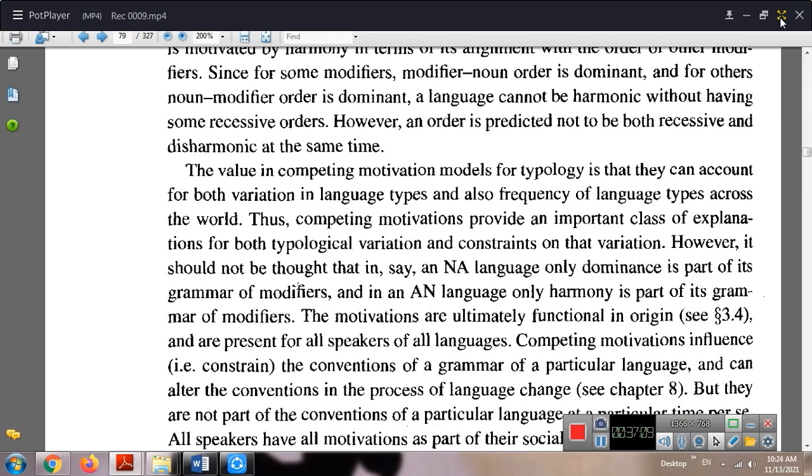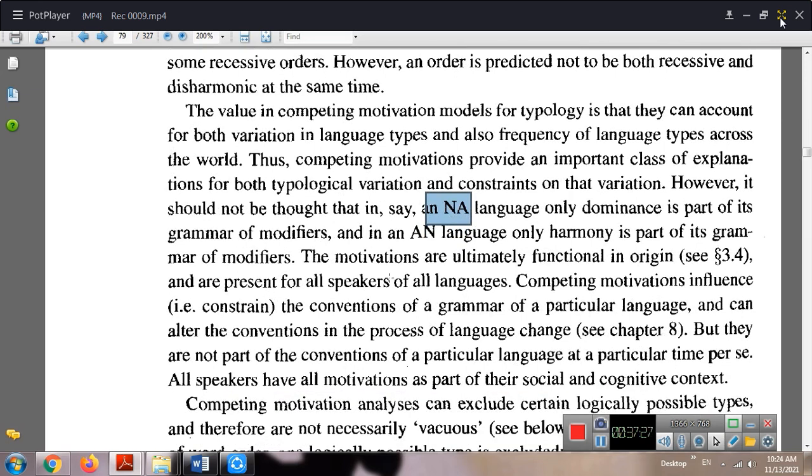However, it should not be thought that in, say, a noun-adjective language, only dominance is part of its grammar of modifiers, and in an adjective noun language, only harmony is part of its grammar of modifiers. The motivations are ultimately functional in origin and are present for all speakers of all languages.